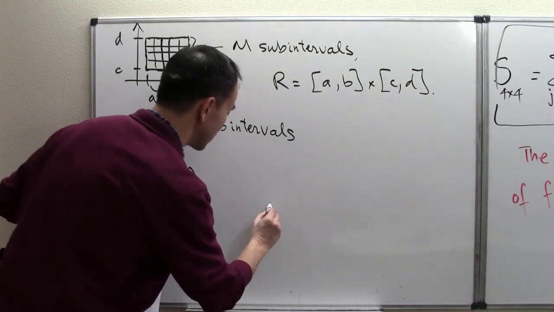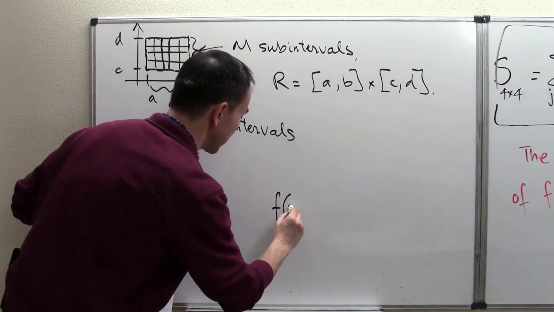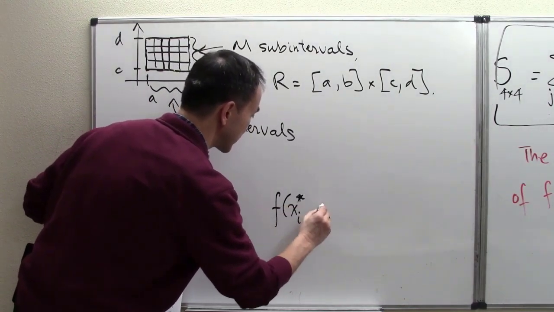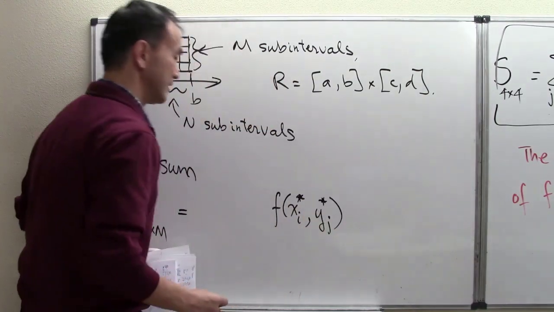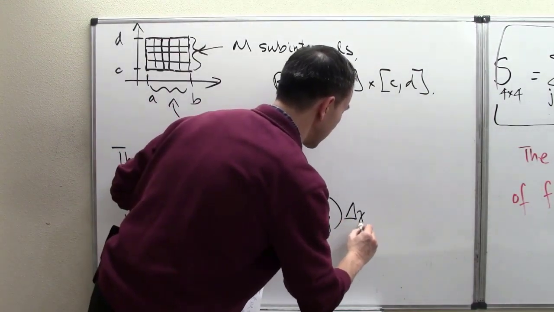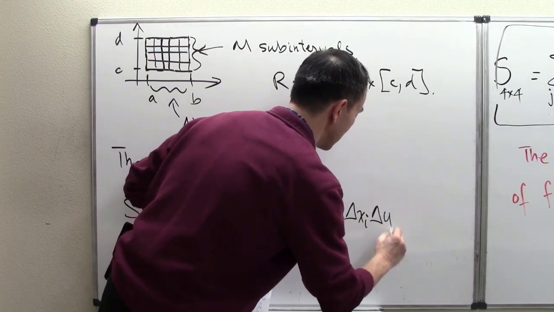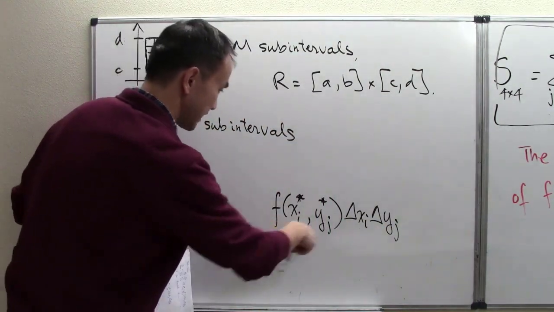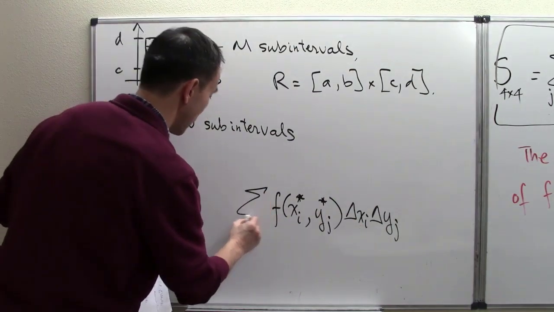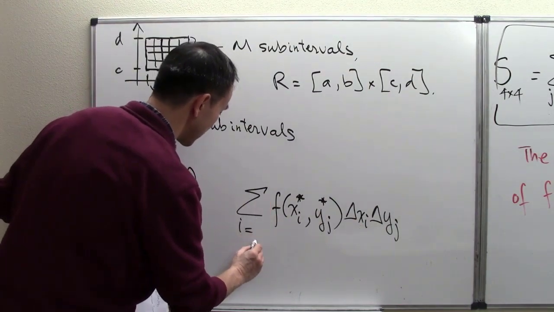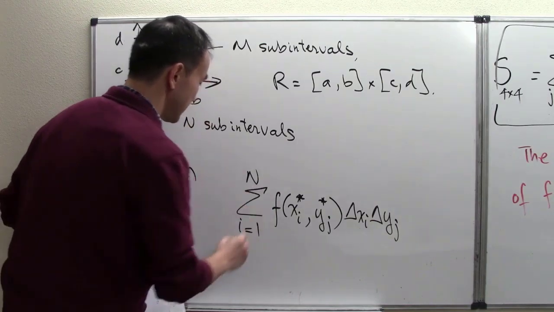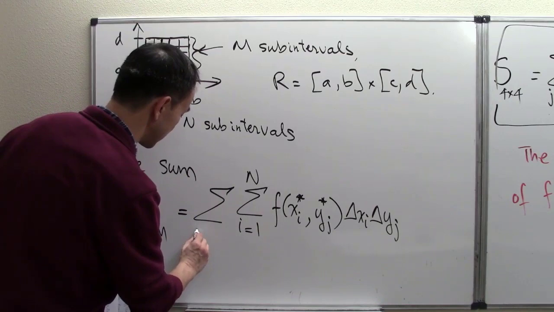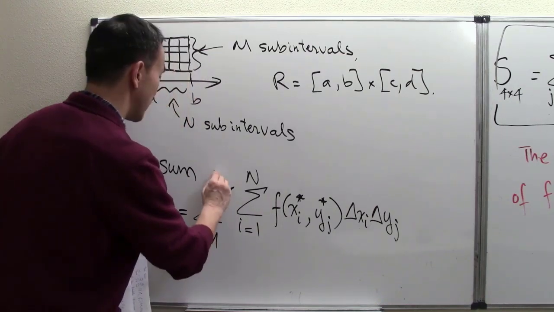We take the function at the sample points x sub i star, y sub j star, multiply by delta x i times delta y j, and sum all of those on the x-axis, meaning index i from 1 to n, and further on the y-axis, meaning index j from 1 to m.